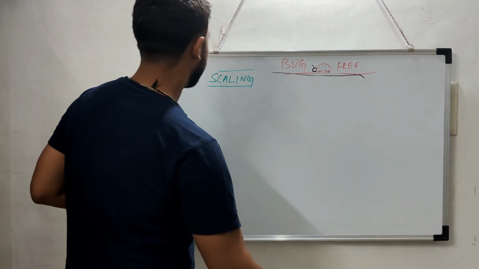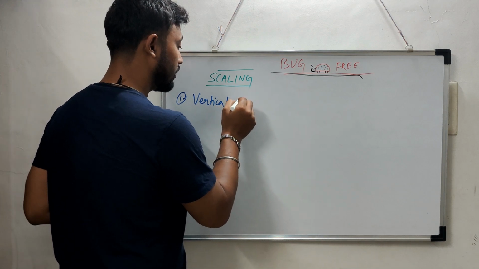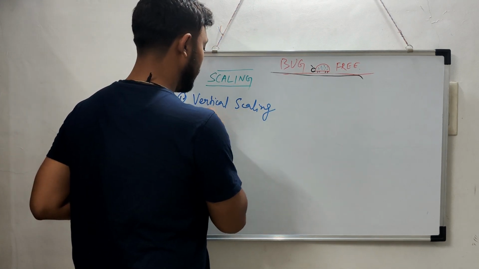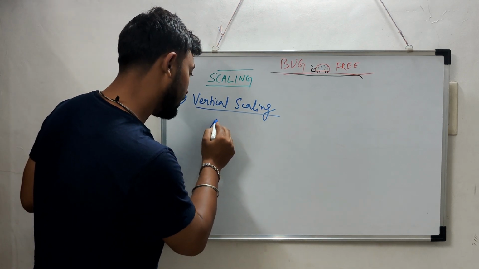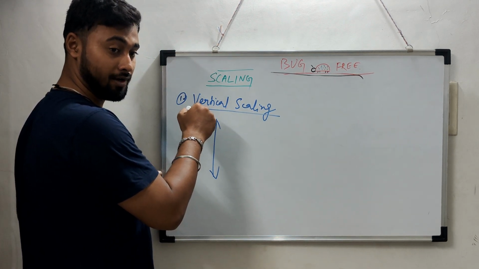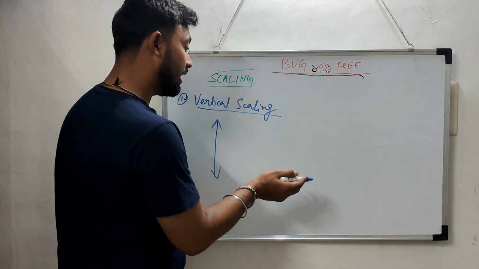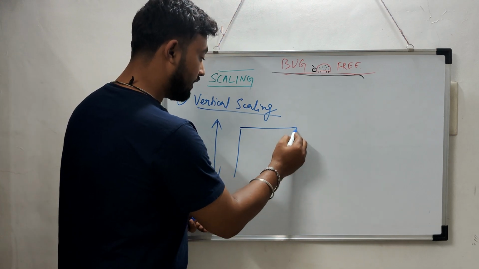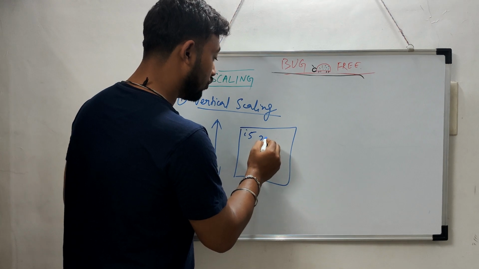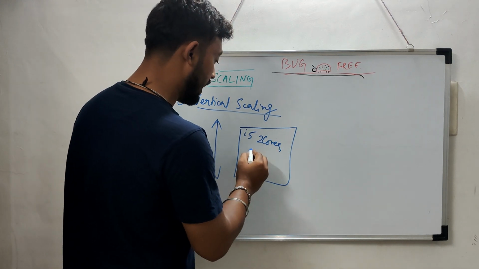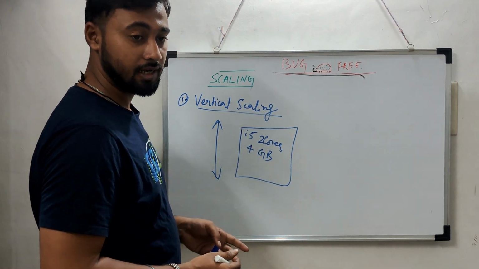As the name suggests, vertical scaling means we are adding resources in a vertical way. This increases the computation power or the memory size. For example, let's say we have a system with an i5, 2 cores, dual core, and 4 GB memory, that is RAM, DDR4 or LPDDR5.